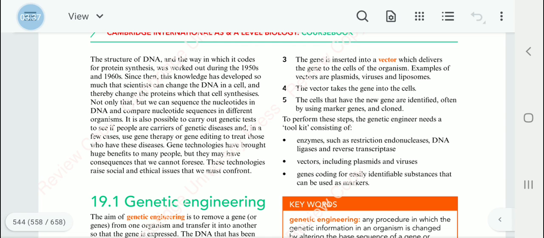because now, if we create a clone from the DNA of a sample of one person, then there would be a problem of who the parents are, because that person would not have parents. So there are a lot of benefits as well as problems that come along with DNA and this genetic engineering.